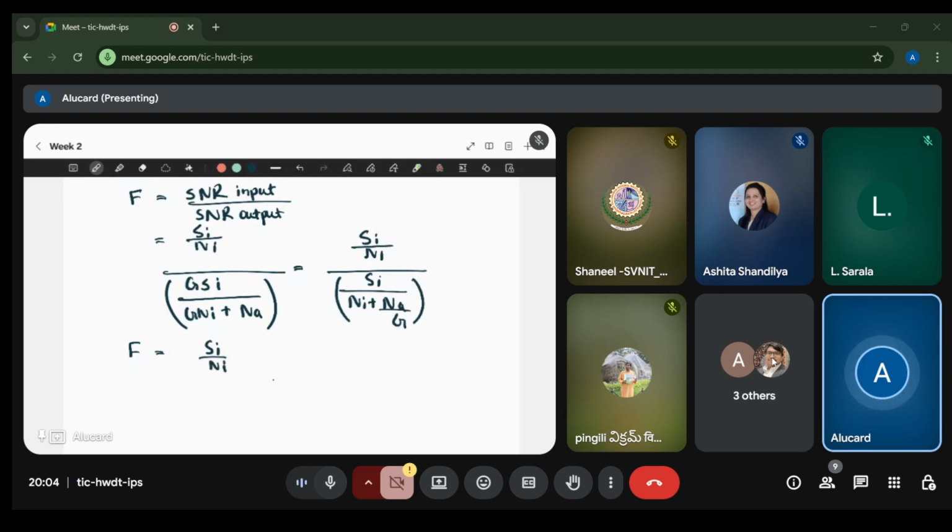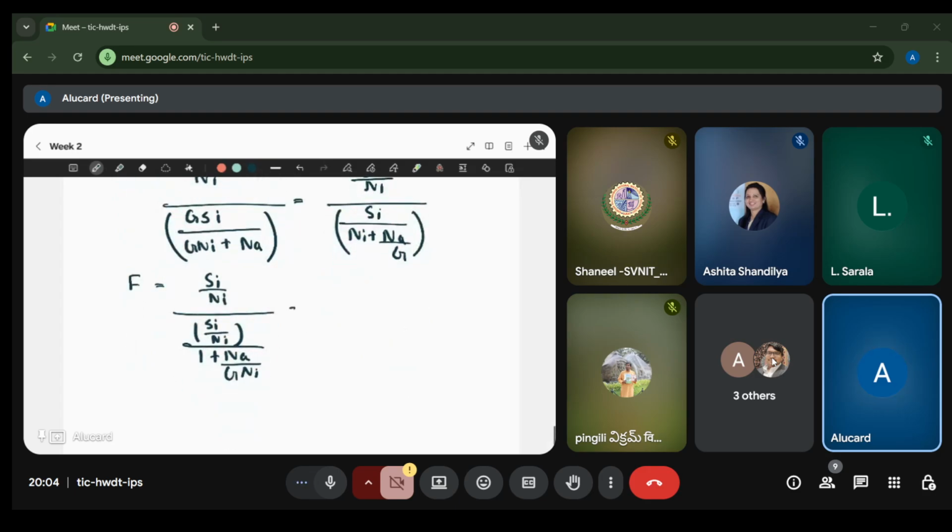You get Si over Ni divided by Si over Ni by 1 plus Na over GNi, which is nothing but 1 plus Na over GNi.